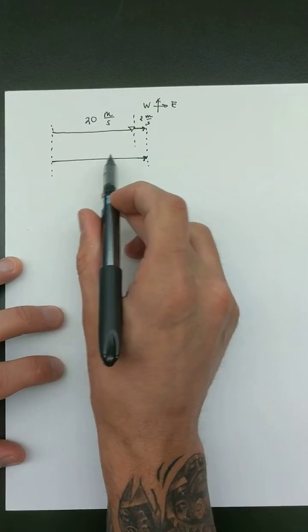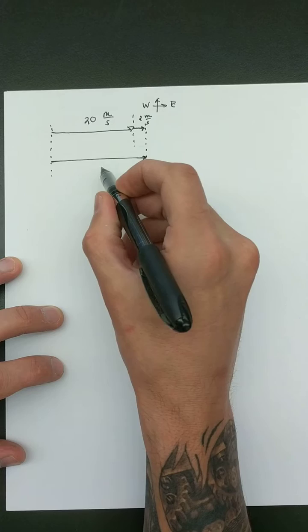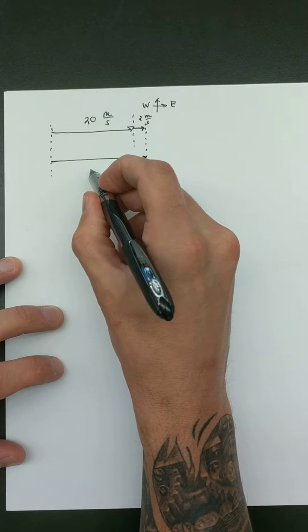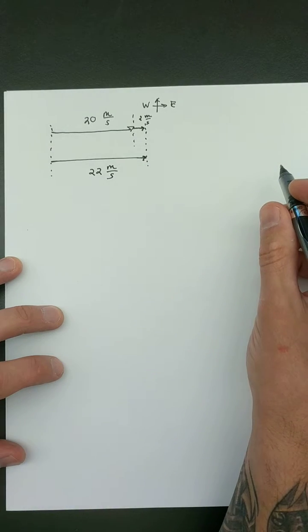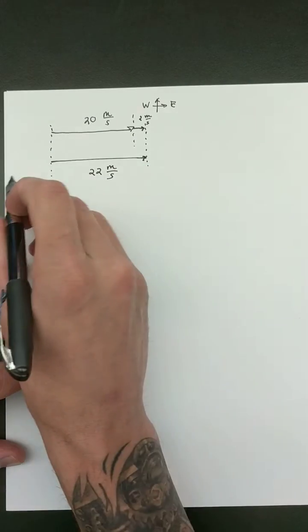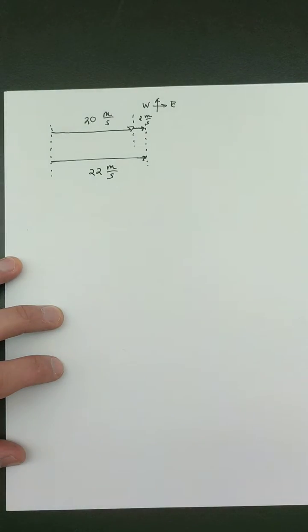And then you see that this makes an arrow that is in fact 22 units long, and our units were in meters per second. And it points in the same direction, so east.